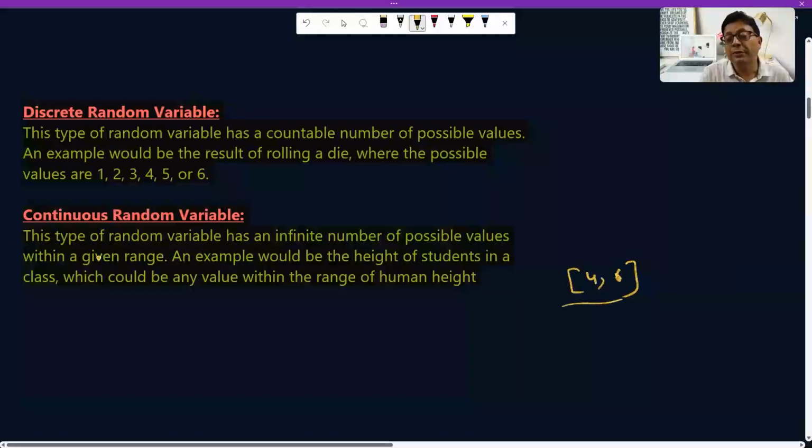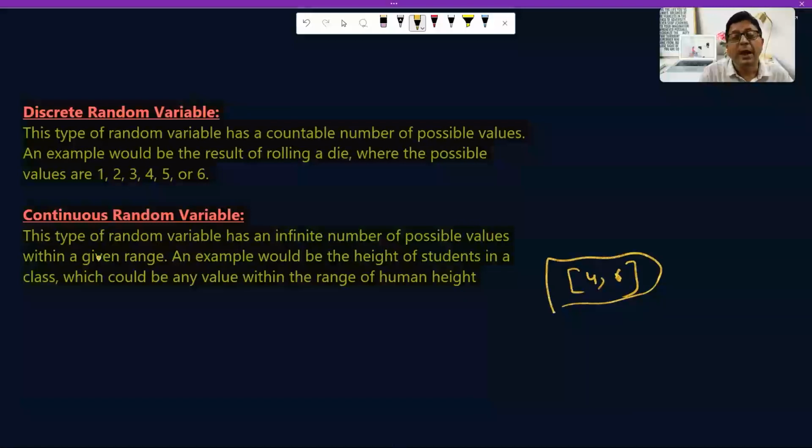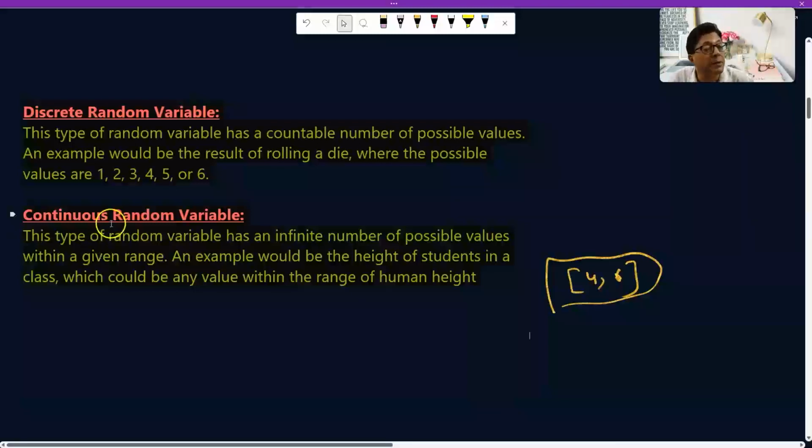So you need an interval over there. I mean, a random variable can take many values in this interval. Anything can be there between 4 feet and 6 feet. Or you are asked to find the number of boys whose height lies between 4 feet and 6 feet in the community. So in that case, we use the concept of continuous random variable, but we are not going to do it today.